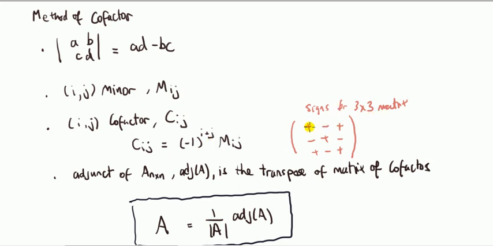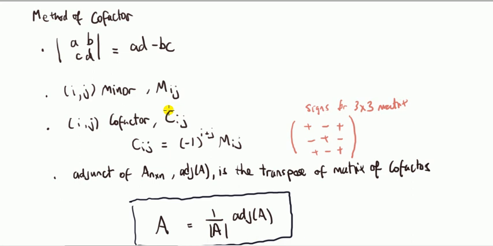For a 3 by 3 matrix, the signs look like this, because for this one, it's row 1, column 1, so i equals 1, j equals 1, and minus 1 to the power of 1 plus 1, that's 2, is plus 1, and so on. Just know that they alternate, beginning on the top left with plus, and you'll be fine. Finally, the adjugate of the square matrix A, denoted like this, is the transpose of the matrix of cofactors.